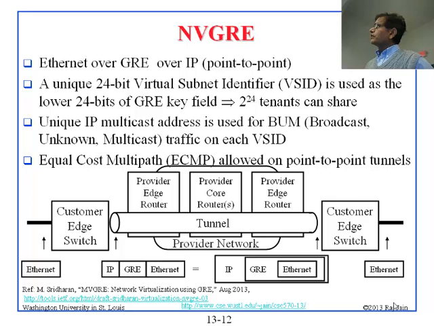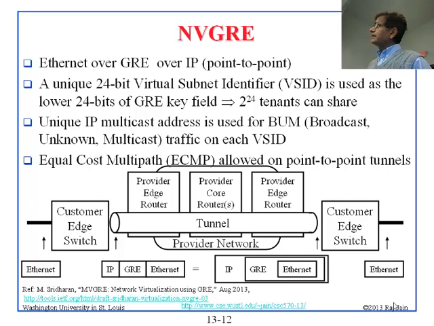So 2^24 tenants can share this tunnel. You remember there was a key field there before, and that key field is 24 bits long. If multiple tenants are sharing that tunnel, you can take them out here and put them in the right direction to give it to the right tenant.